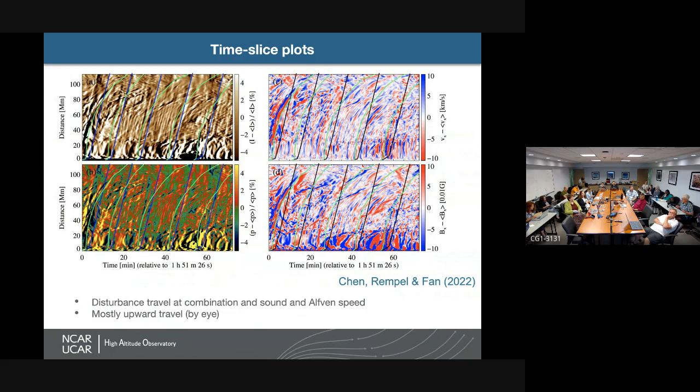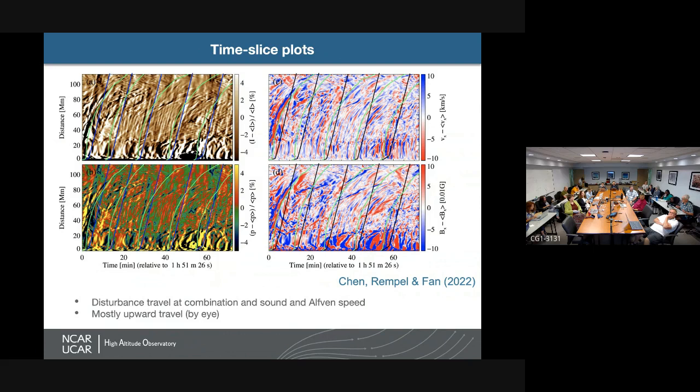And you see these disturbances are some combination of sound waves and Alfvén waves. We haven't done a very detailed analysis of this. Just by eye, you see mostly upward traveling stuff, but somebody would have to look with careful filtering of these wave modes to really establish their details, and if there's also a downward traveling component in there.